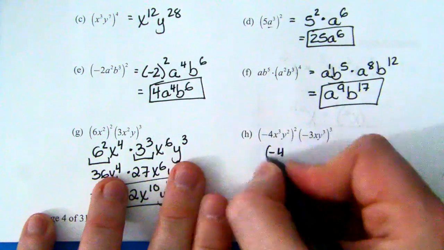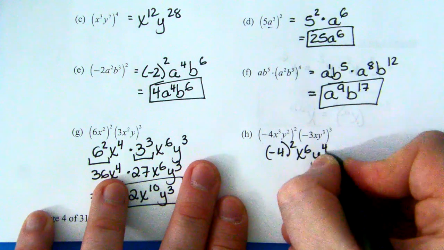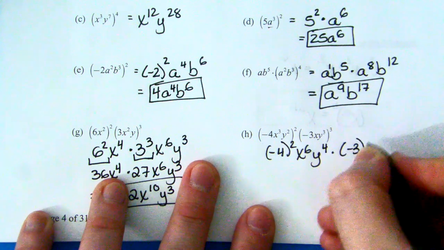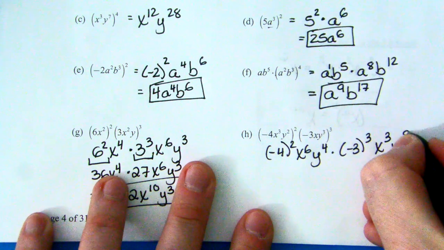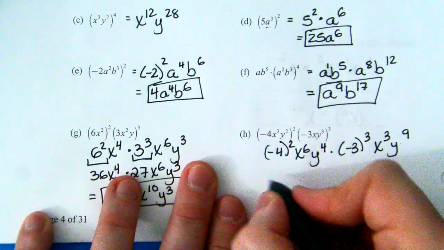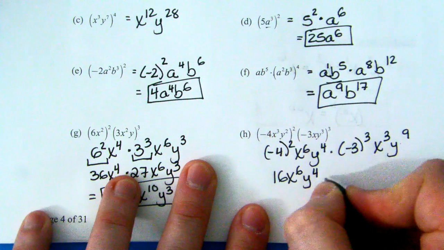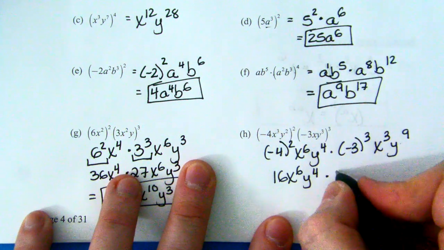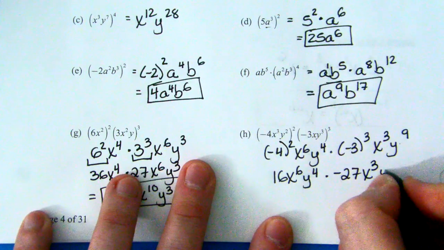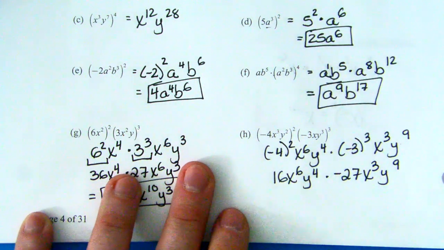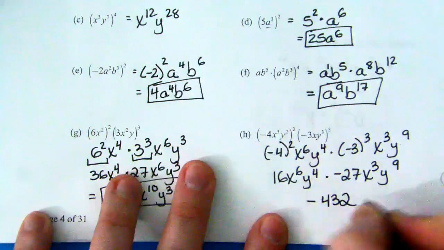Okay, so -4 squared, x to the 6th, y to the 4th, times -3 cubed, x to the 3rd, y to the 9th. Well, -4 squared is 16, 16x to the 6th, y to the 4th, times -3 cubed is -27, x to the 3rd, y to the 9th. 16 times -27 is -432.